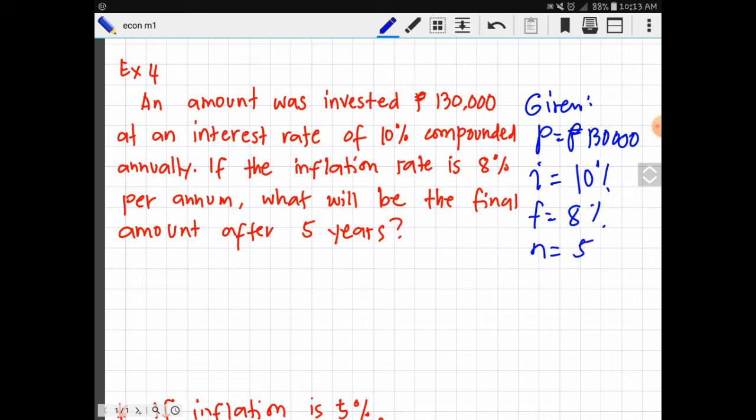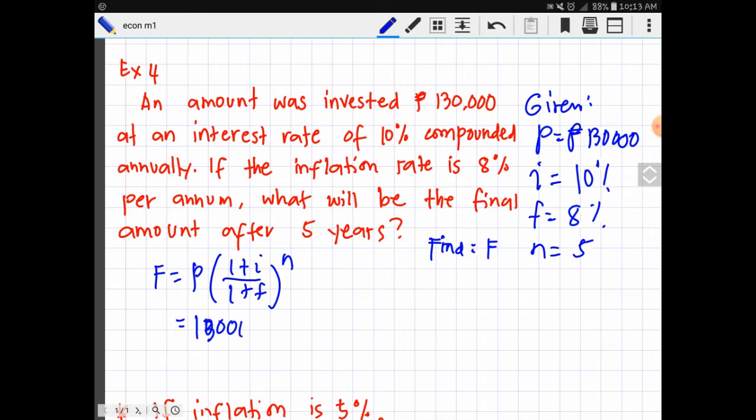Again, we are looking for the F. F is equal to P multiplied by 1 plus I over 1 plus F raised to N. That would be 130,000 times 1 plus 10 over 1 plus 8 raised to 5.